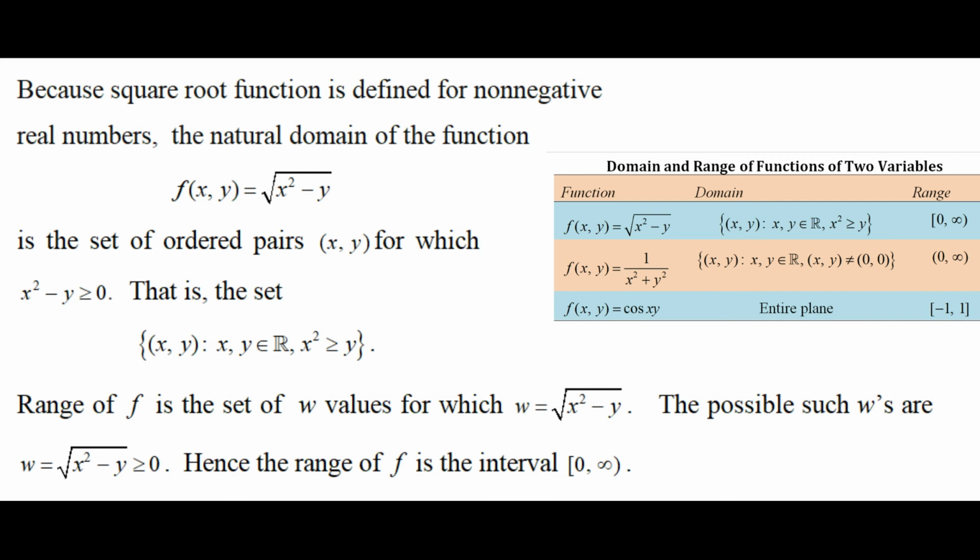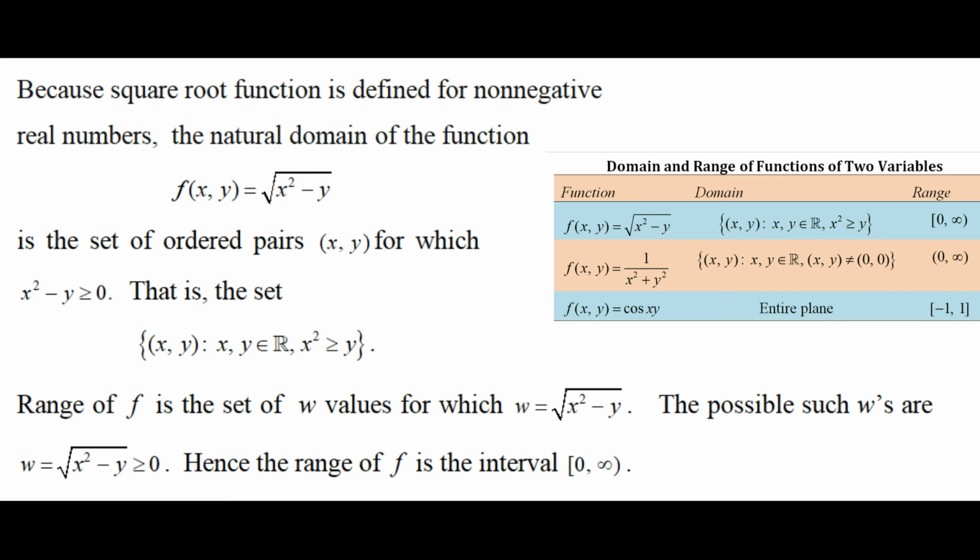Because the square root function is defined for non-negative real numbers, the natural domain of f of xy is equal to the square root of x square minus y is the set of all ordered pairs xy for which x square minus y is greater than or equal to 0. And such a set is the set of all ordered pairs xy for which x square is greater than or equal to y.